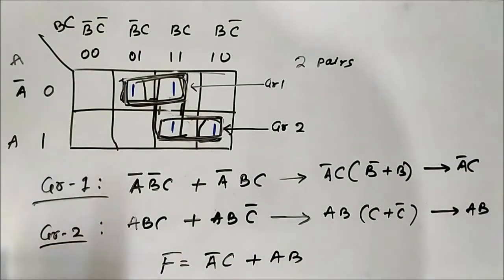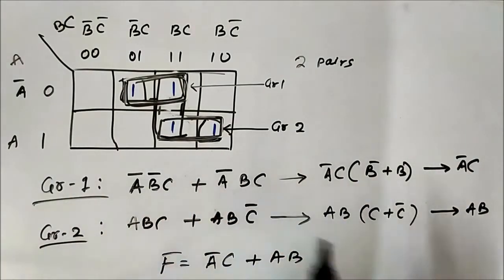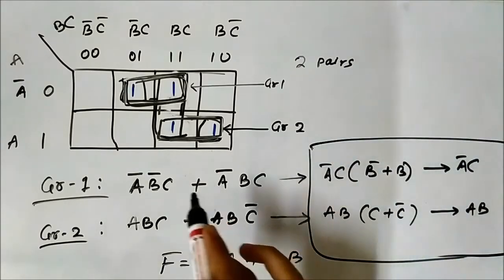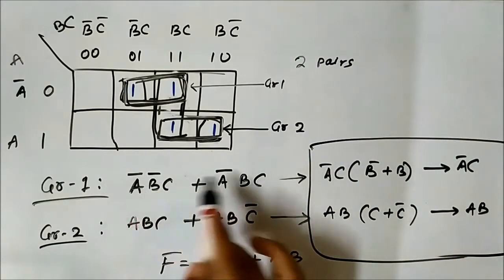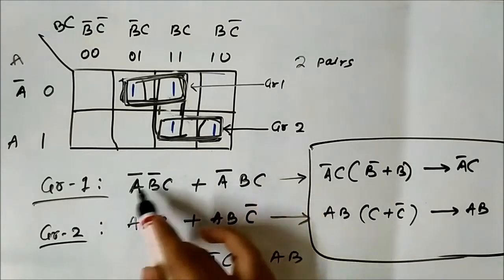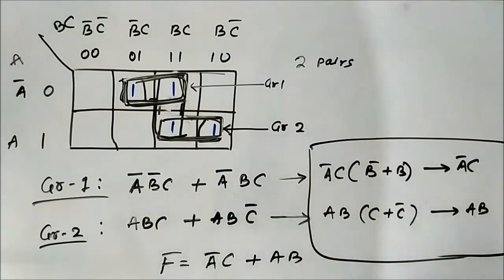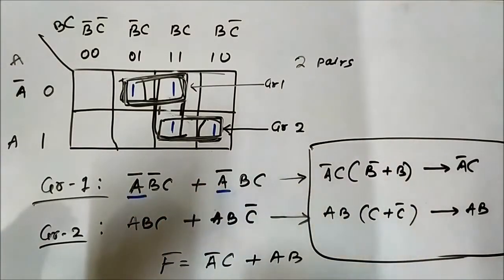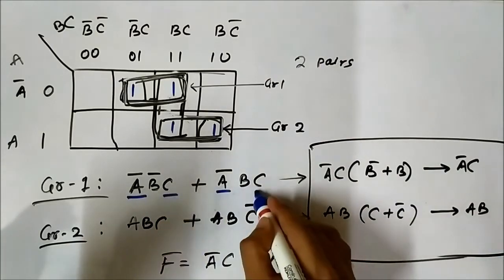So this is the fourth step. Here you can directly identify, no need to do all these things. By looking at these two terms, you can see what is common between them. A bar is common in both, C is common in both.